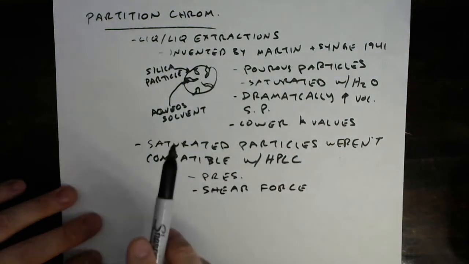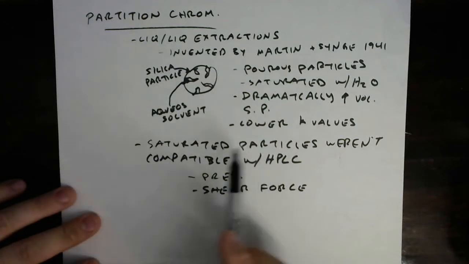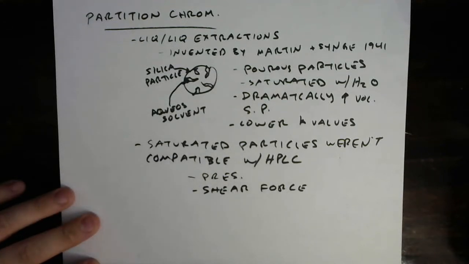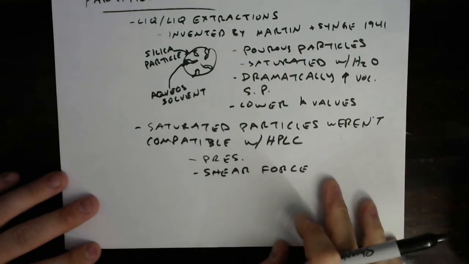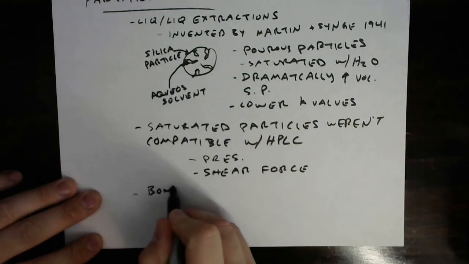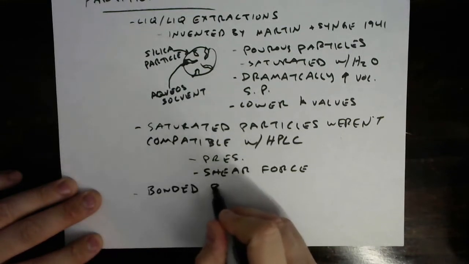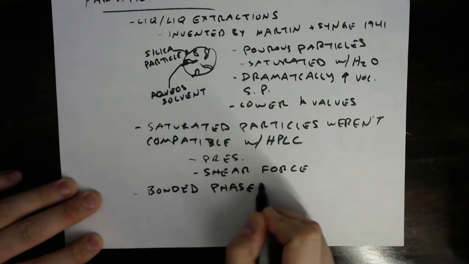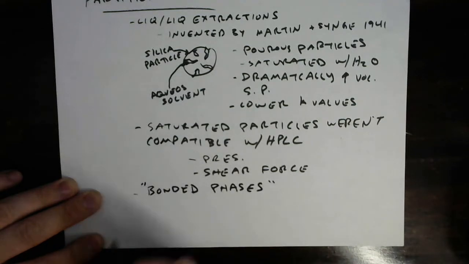So that problem gave rise quite a long time ago now. This isn't modern technology really by any stretch, but it gave rise to a concept that we're going to talk about for a few minutes here called bonded phases, or bonded stationary phases.